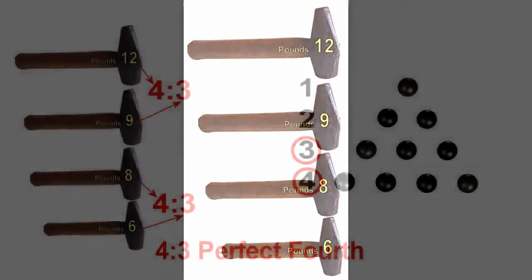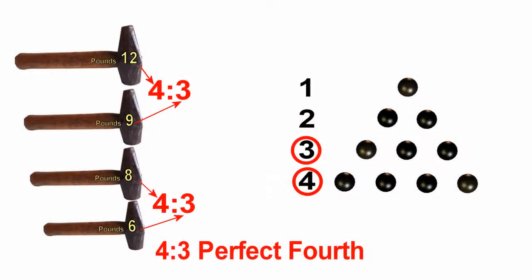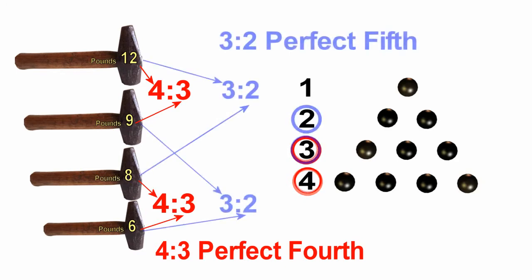If we compare them to the tetractys and have a look at some basic music theory, we have the perfect fourth, a 4-to-3 ratio, and we see how those hammers, the 12 and the 9, as well as the 8 and the 6, have this 4-to-3 ratio, which is of course standard within the tetractys. But we also have 3 to 2, or the perfect fifth, and now we see 3 and 2. So again, the tetractys, music, geometry, arithmetic, and as we'll see, also astronomy and the Pythagorean schools.